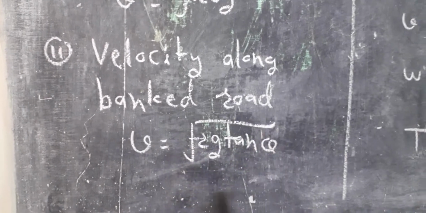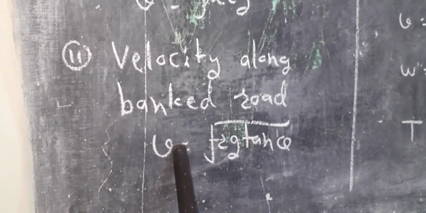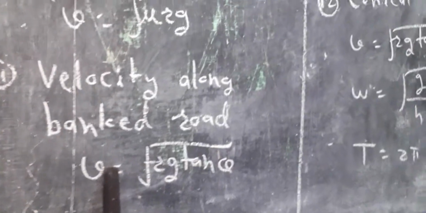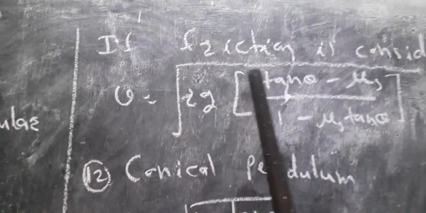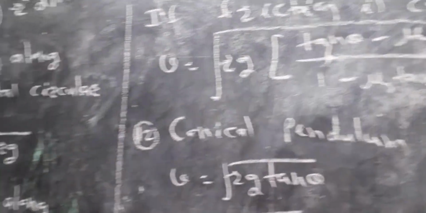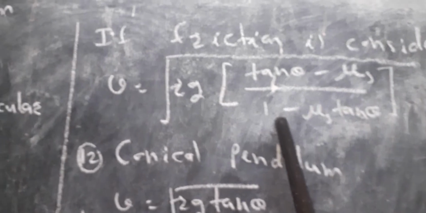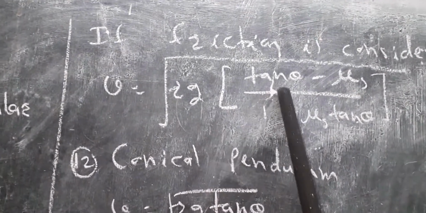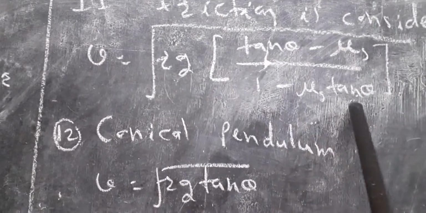With the help of this, we can find out the maximum speed with which a vehicle can be driven along a banked road. And if we consider the concept of friction, the coefficient mu s, then we can replace this formula by v equal to under root r g in a bracket, tan theta minus mu s upon mu s minus 1 minus mu s into tan theta.